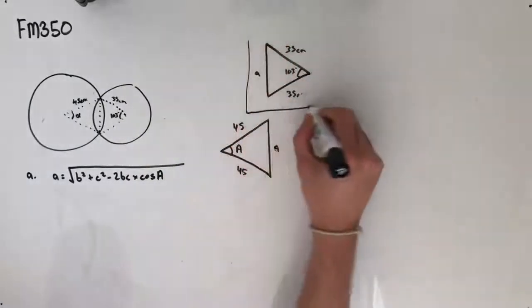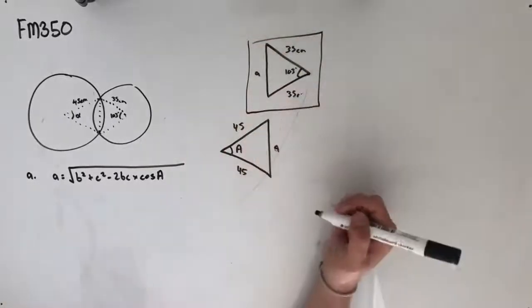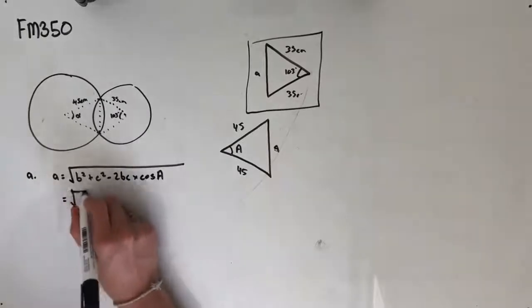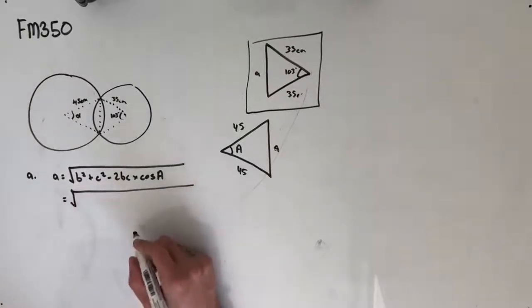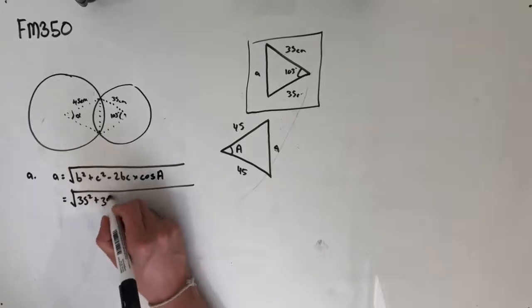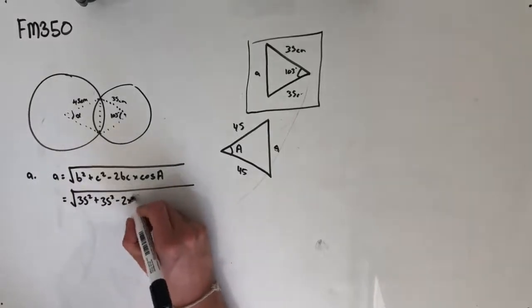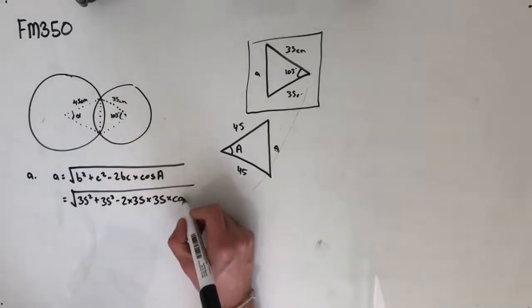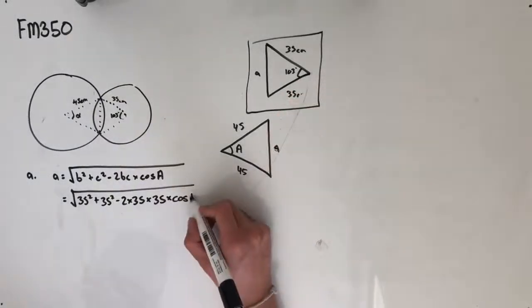So our first focus is over here to find our value of side a. So in this scenario, b is going to have a value of 35, so we're going to end up with 35 squared plus 35 squared minus 2 times 35 times 35 times cosine of 103 degrees.